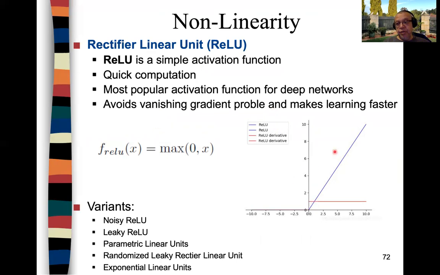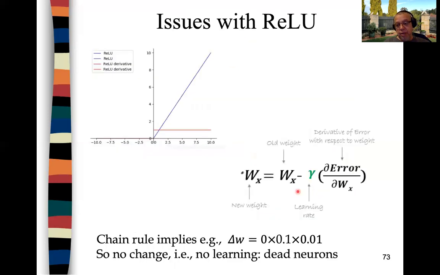So this is good, but it also has problems, in the sense that the derivative of the activation function is 0 or 1, so the delta W can sometimes be 0, okay? In that case, if the derivative of the activation function is 0, the delta W is going to be 0.